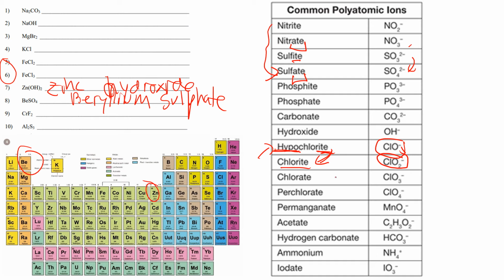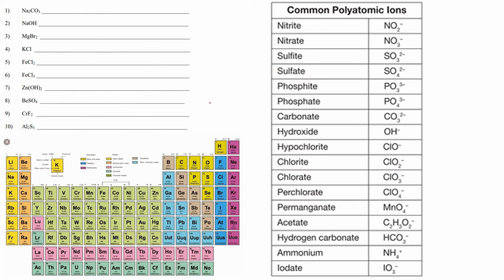That's chlorite. Chlorate has 1 more oxygen, so ClO3. And perchlorate is really just hyperchlorate. Okay, hyperchlorate. So ATE is 1 more oxygen. Hyper is 1 more oxygen, so you get 2 more oxygens. So here is 1 oxygen, 2 oxygen, 3 oxygen, 4 oxygen. Okay, so that's how you might be able to help remember the polyatomic ions.